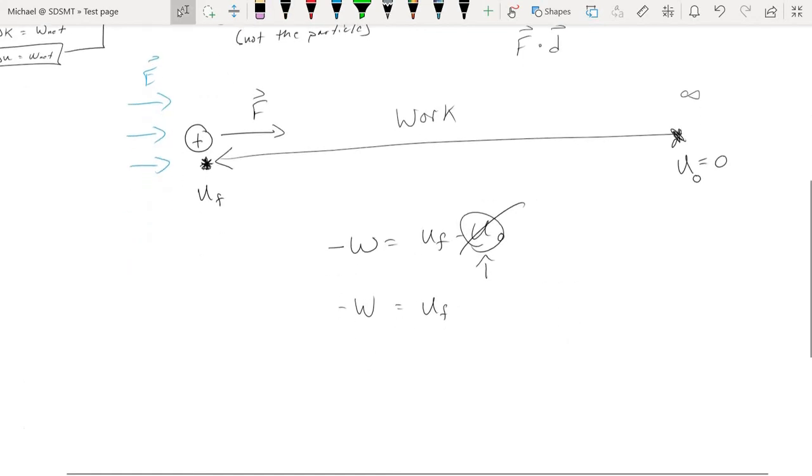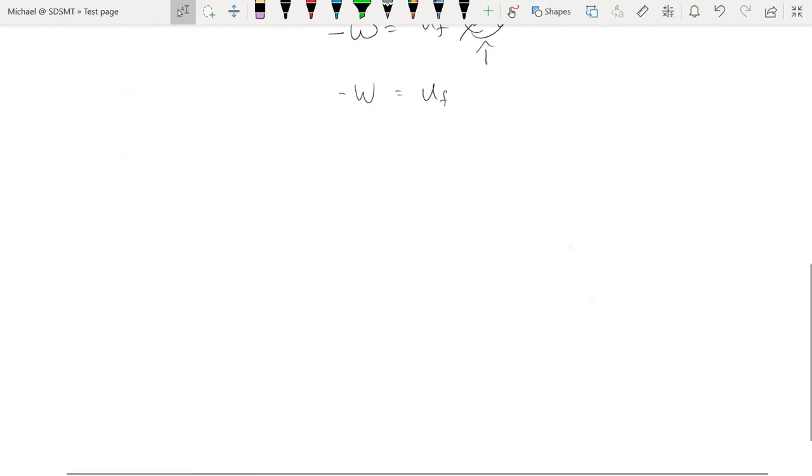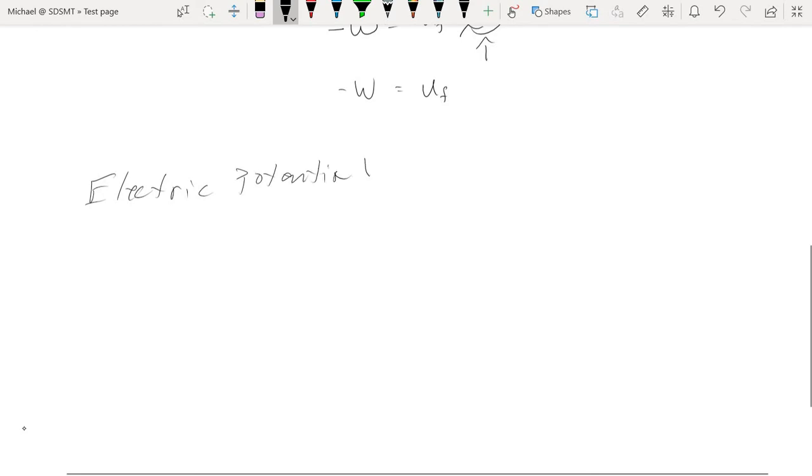Well, so how does this fit in with electric potential? So now we're going to define that term of electric potential. Now that we know how to define the potential energy of the system, we're going to move on to the potential.